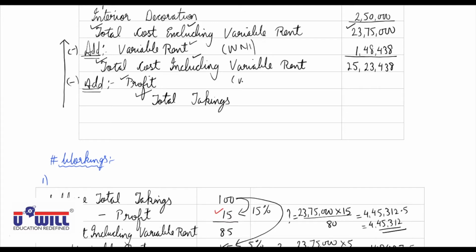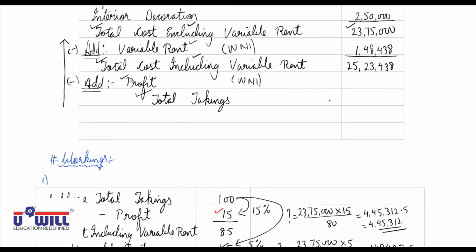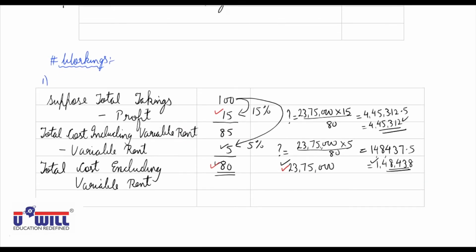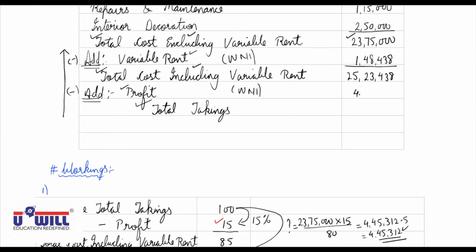Profit we will add from working note 1 again. That comes to 445,312. Do it in the calculator everyone. 25,23,438 plus 445,312. You must get 29,68,750. This is the total takings.